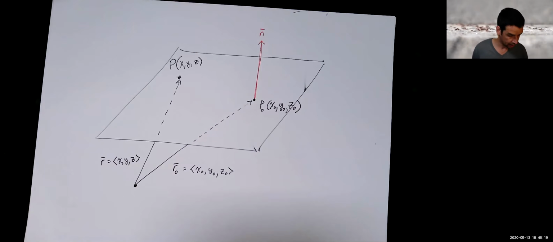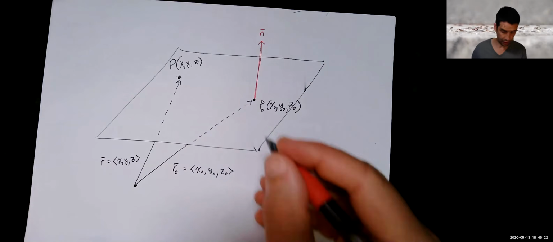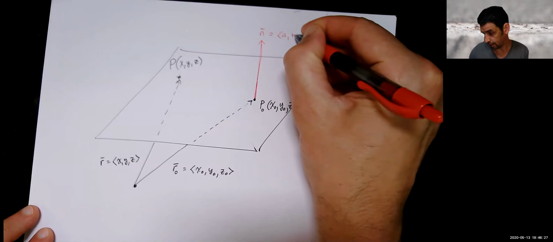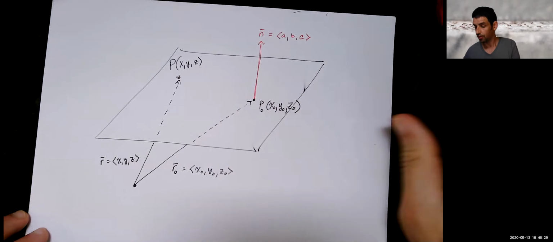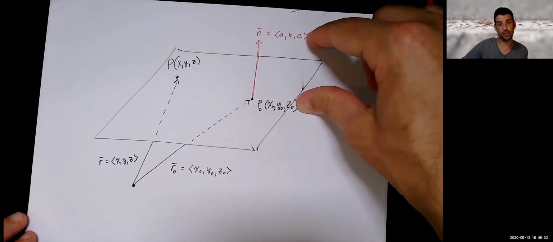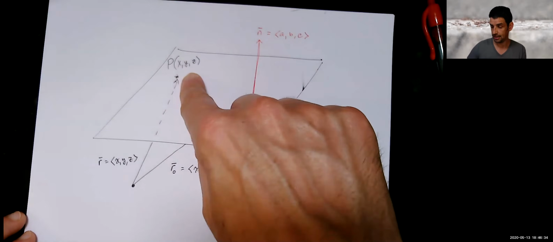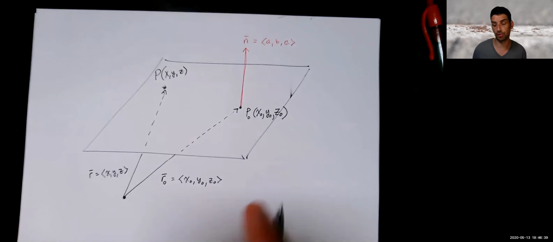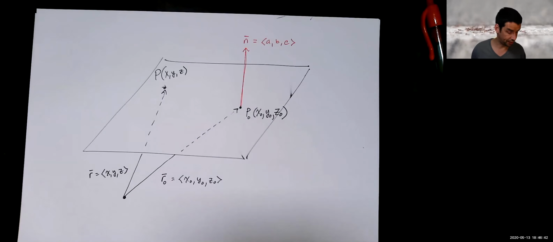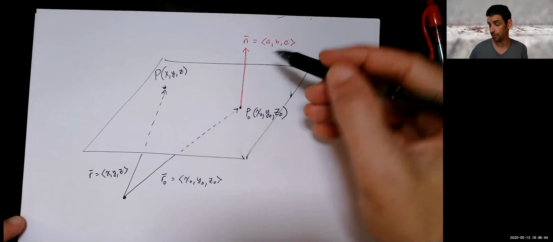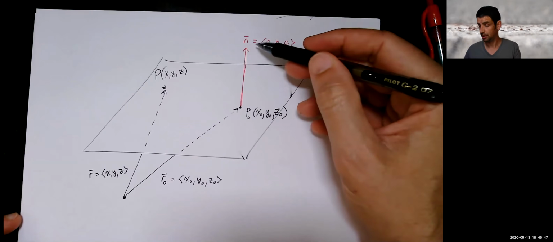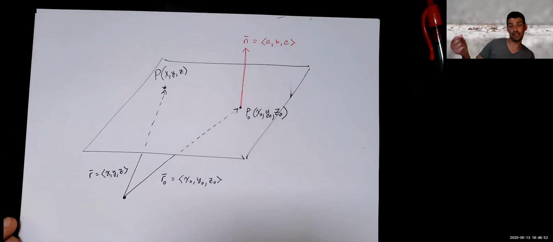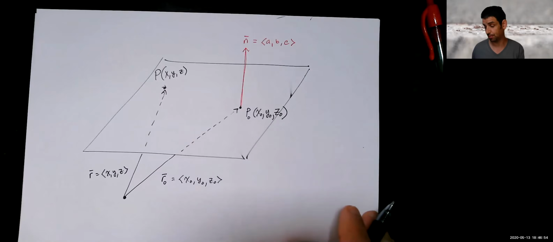Okay. And let's give components to n. I'll call it A, B, C. Remember, these are given, so these are known things, and this is some arbitrary point for which we want to come up with an equation that only points in the plane would satisfy. Well, here's what we can do. What we know about this vector n is that it's perpendicular to the plane, meaning it's perpendicular to any vector that lives in the plane.